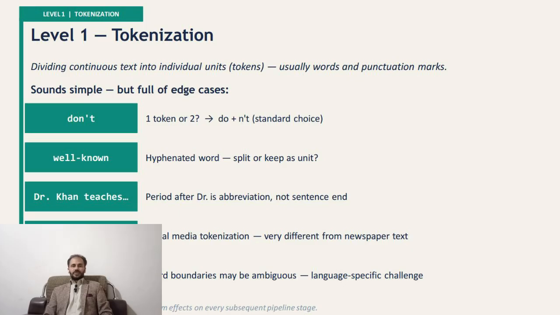For example, don't, is it one token or two tokens? What about hyphenated compound words? What about email addresses, hashtags in social media? And especially what about Urdu text in the Nastaliq form? So tokenization decisions are very significant decisions.